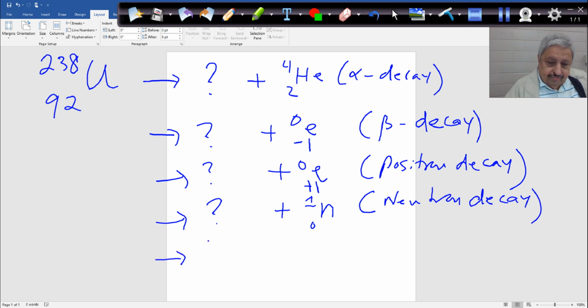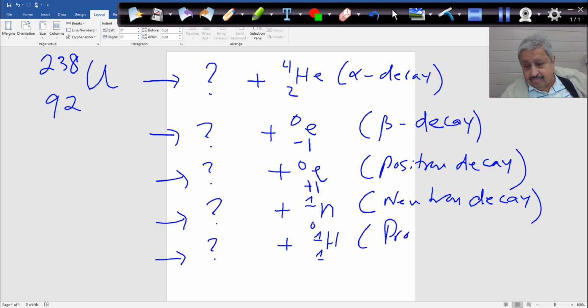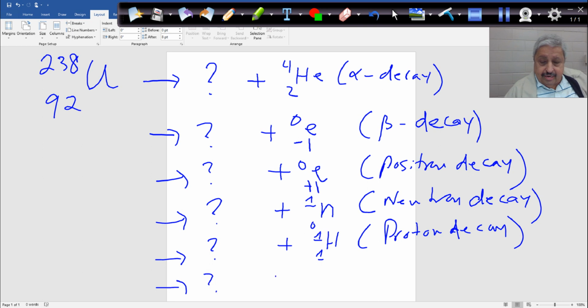Then we have neutrons, and then we have protons. And the last thing here we have gamma.